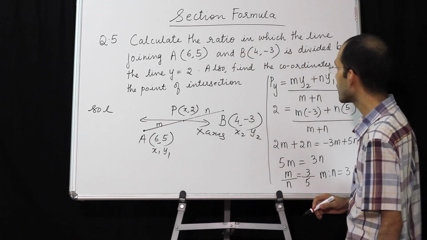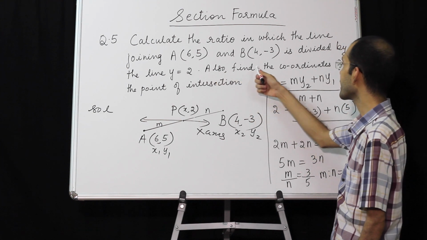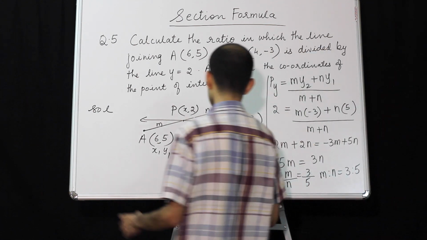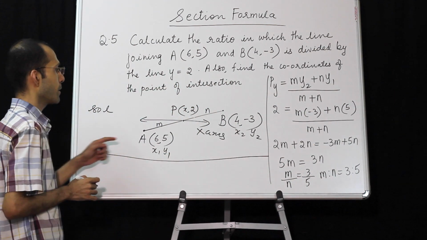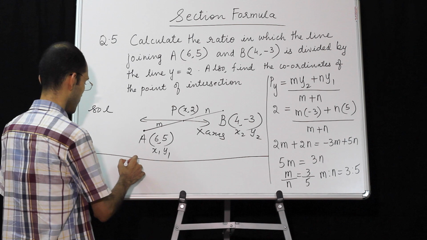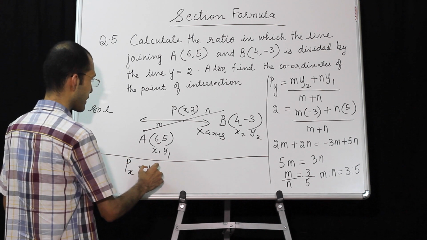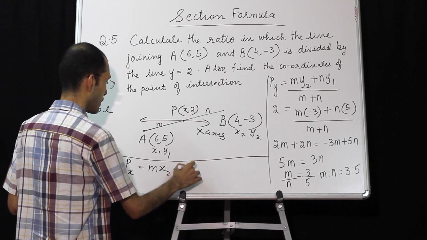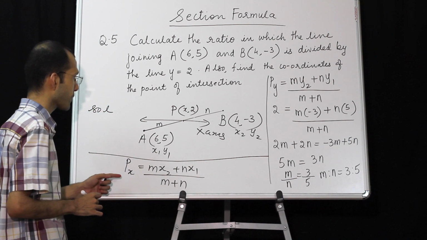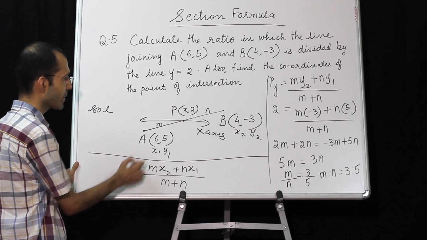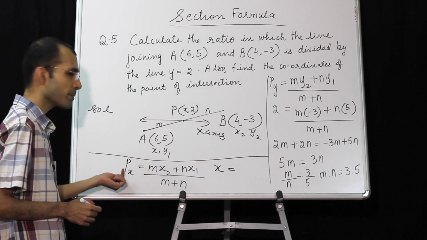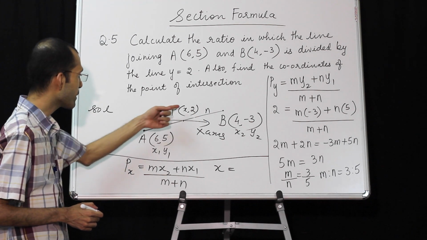The question also says to find the coordinates of the point of intersection. That means we will have to find the complete coordinates of P. So Px will be (m x2 plus n x1) upon (m plus n). Now what is Px? x, because Px means the x coordinate of point P, which we have taken as x.